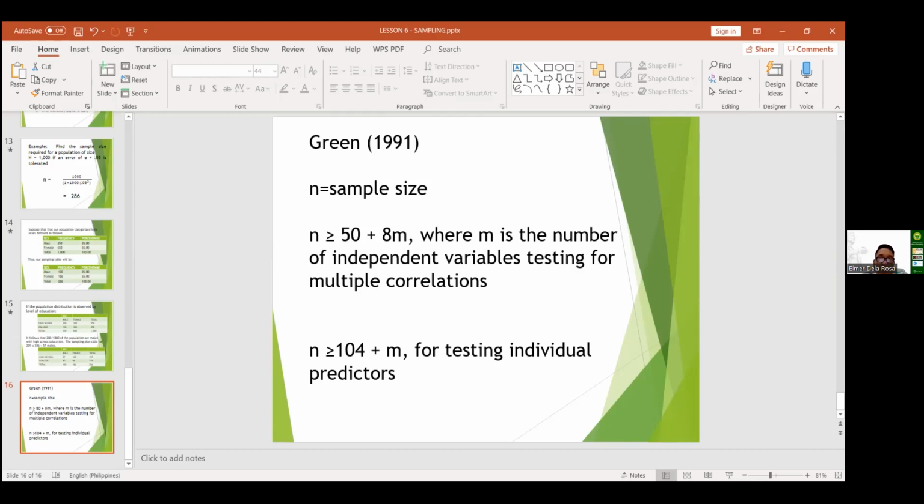Masyadong mababa, sabi naman ni rules of thumb. So, depende nga kung ano yung mas komportable kang gamitin. Depende rin yun sa publication material at journal. May mga journal na istrikto sa sample size. Ayaw nilang tanggapin kung masyadong konti. Or if you are testing for individual predictors, sabi ni Green, it should be at least 104 plus m. So if you have 10 predictors and you are testing for individual predictors, you have to have at least 114 sample size.